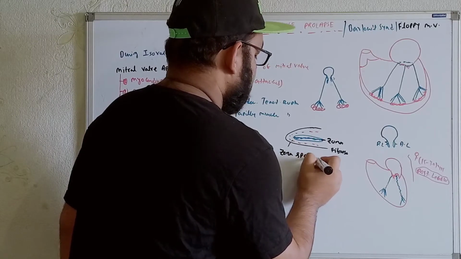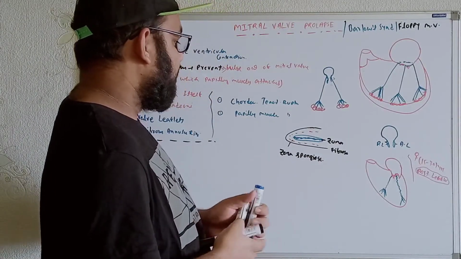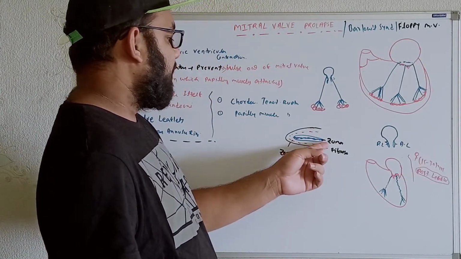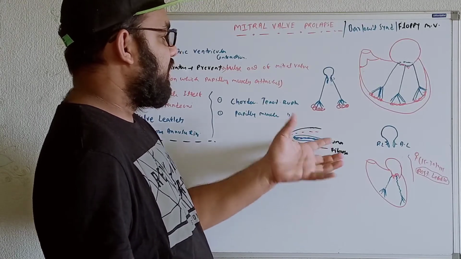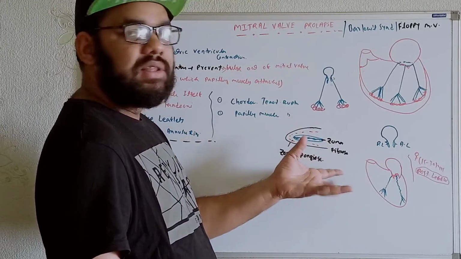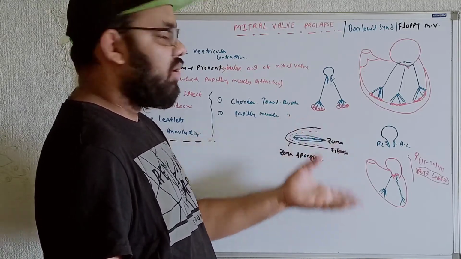If we get a problem at the level of the zona fibrosa, if we get dysfunction of the zona fibrosa, definitely we will not be able to inhibit the bulging of the valve leaflets from going inward, towards the left atrium.